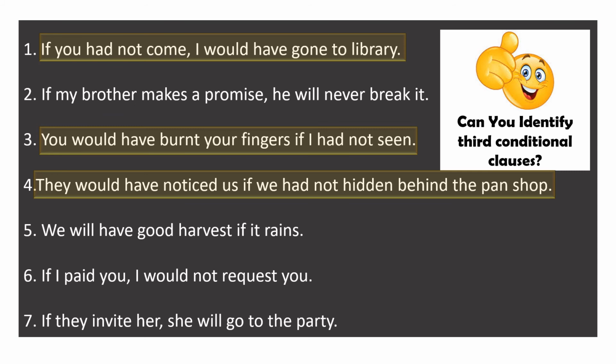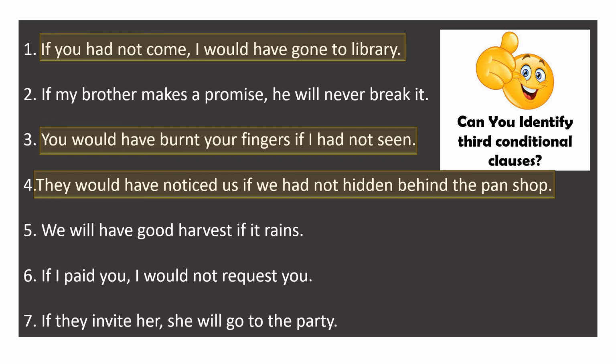Thus, using third conditional clauses, we talk about unrealized past situations where the condition is not satisfied and the result is also not obtained. First conditional talks about future situations. In that, if the condition is satisfied, we will get the result.